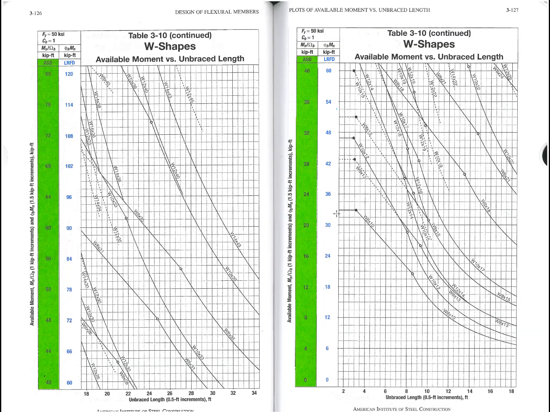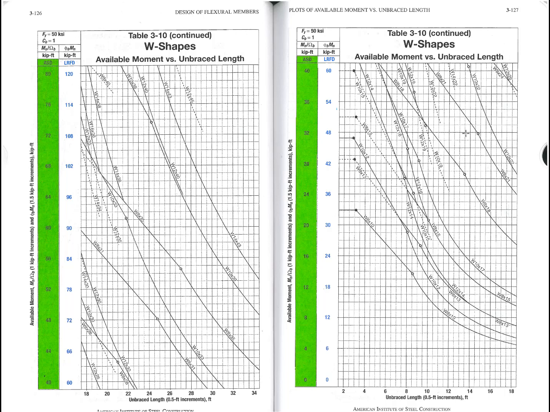For a section such as W8 by 10, the entire available moment strength versus unbraced length curve is contained in one page. So for example, if the unbraced length is 8 feet, then we can determine the available moment strength is about 21 kip feet.